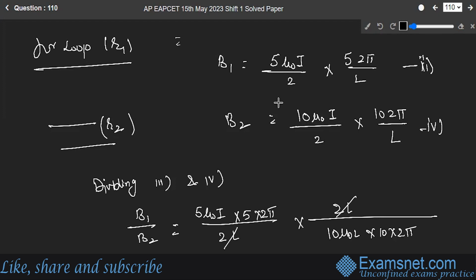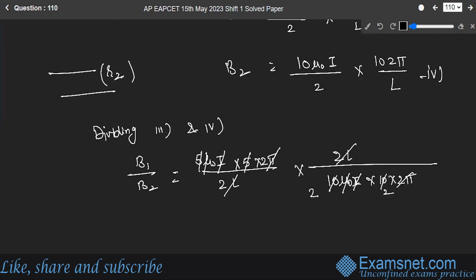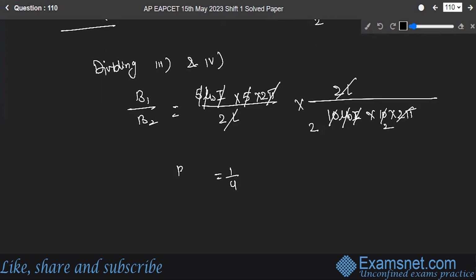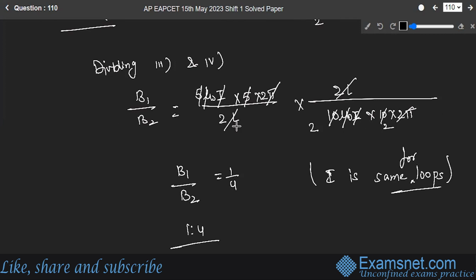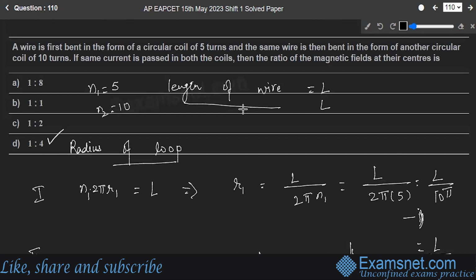Lots of cancellations will be there. Ultimately, you will be left with this is equal to 1 by 4. Since the current is same for both the loops, I is same. That is why I have cut them. So that means the ratio is 1 by 4. That makes option D the right answer.